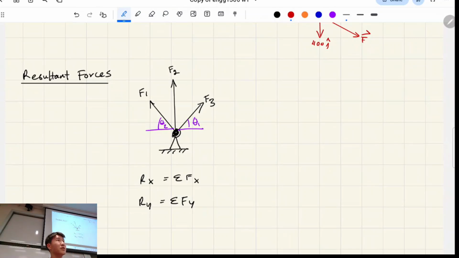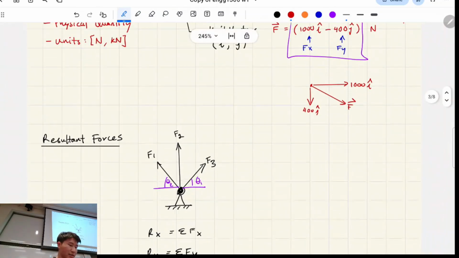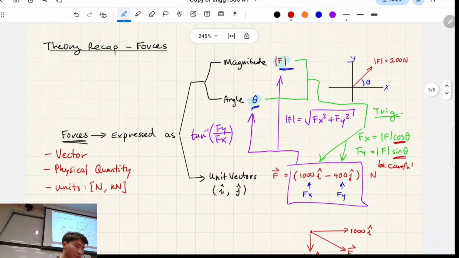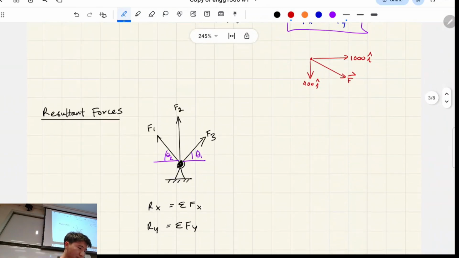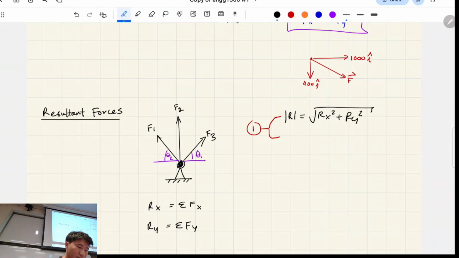But there are essentially two ways to express it in the way we were talking about earlier. If we call the first way 1 and the second way 2, like the unit vector way. For the first way, you just use Pythagoras to find the magnitude, and to find the angle, go like this, tan inverse rise over run.